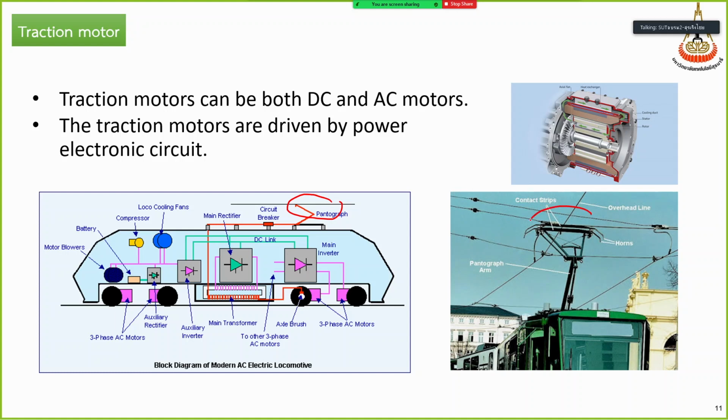From here, the electricity goes to this motor, controlled by the power electronic circuit to drive the motor. This is also a special motor for a special purpose.